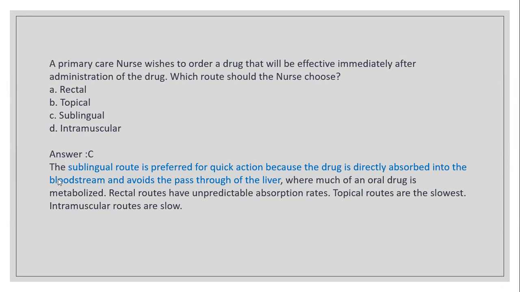Why? The sublingual route is preferred for quick action because the drug is directly absorbed into the bloodstream and also avoids passing through the liver, where much of an oral drug is metabolized.